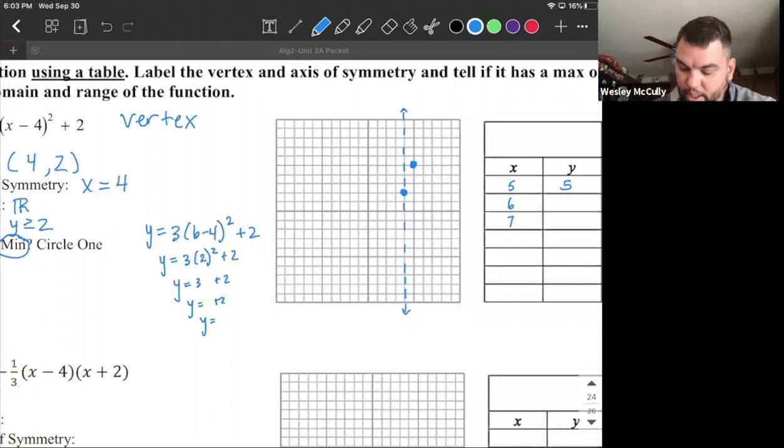So y equals 3 times 2 squared plus 2. 2 squared is 4. So y equals 3 times 4 plus 2. And 3 times 4 is 12. And 12 plus 2 is 14. So this is the point 6, 14, which I will not be able to graph on the graph.